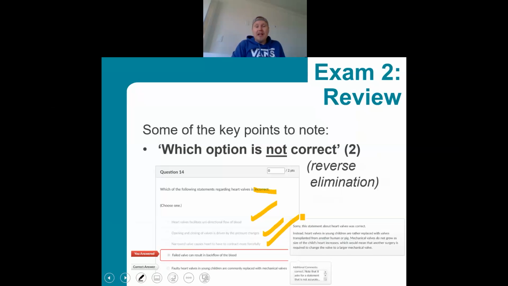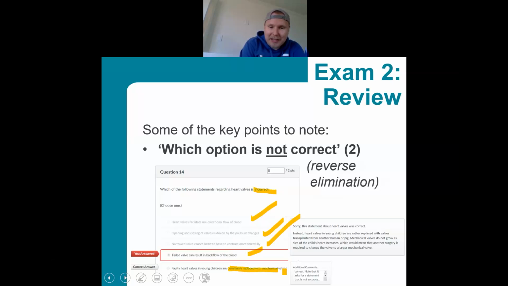Hey, that sounds correct. But make sure that you do not answer based on what's correct. You answer what's incorrect. Here, another correct one would be that a failed valve can result in backflow of the blood. But what I was looking for here was, again, the slightest detail that made the sentence incorrect.